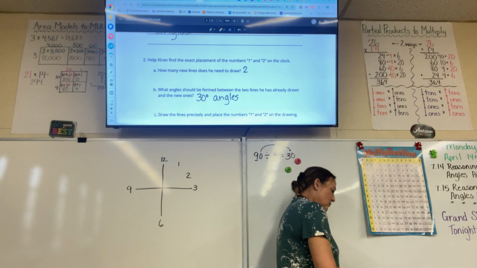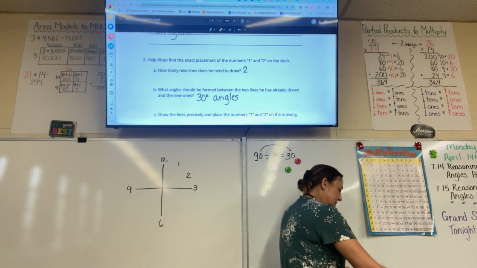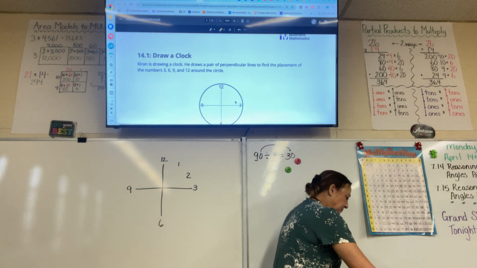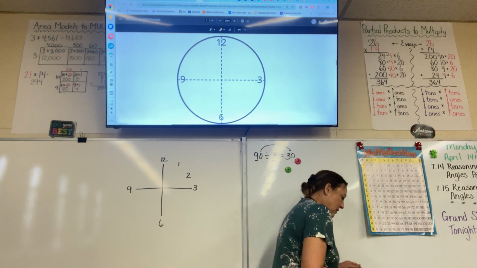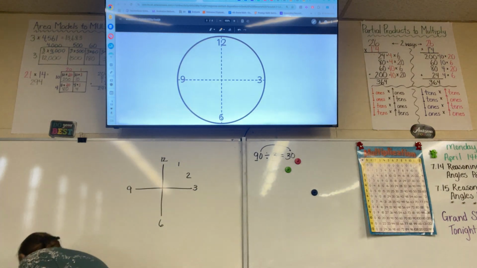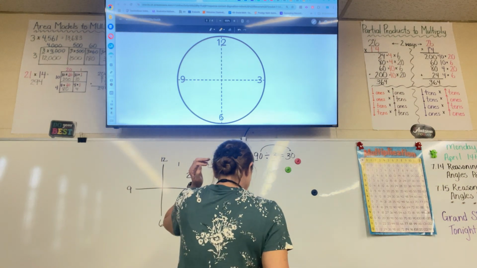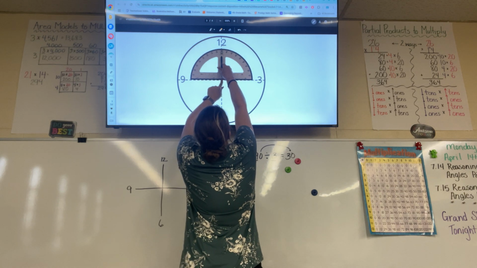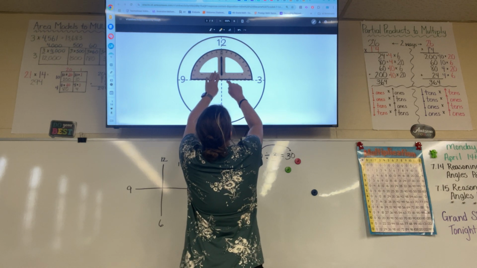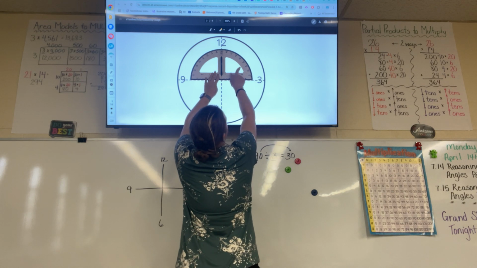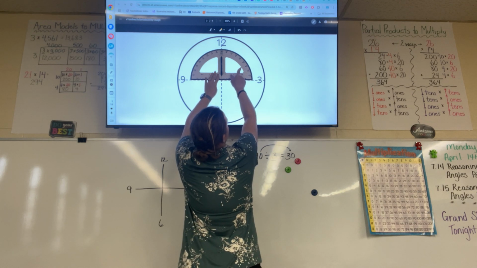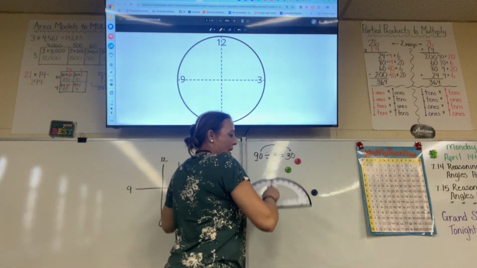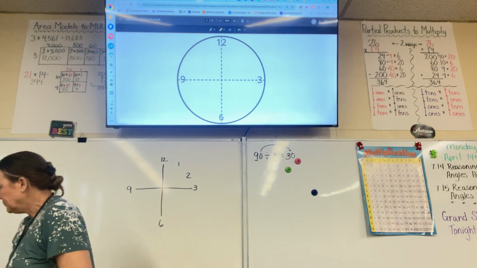And then it wants us to draw the lines precisely and place the numbers 1 and 2 on the drawing up at the top. So if we go back up here, the way that you're going to do this is to take your protractor and put the middle of the protractor in where the 2 lines meet and line it up with this line, and then find the 30 and put a dot, and the 60 and put a dot, and then connect the dots. So I'm going to do that as well.